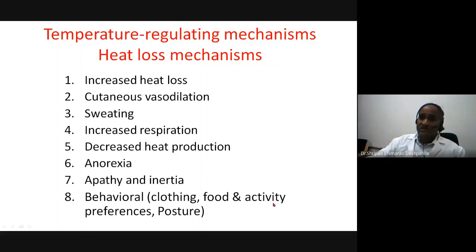And activity preferences: you don't want to be active, you don't want to run, so you want to isolate, and you want to go to a place where there is a nice cool environment, and then you want to sit there cozily. And posture also: it's not curling, it opens up, the whole body surface area is exposed for the loss of heat. So that is the heat loss mechanism.